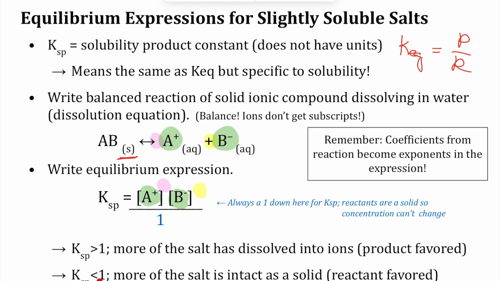If our KSP is less than 1, that means that our denominator is going to have the larger value, which means our reactants are favored. Well, that means that we're going to have more of our salt intact as a solid ionic compound. That is reactant favored. And that would be something that is sparingly soluble, whereas something with a KSP of greater than 1 would be something that is very soluble.